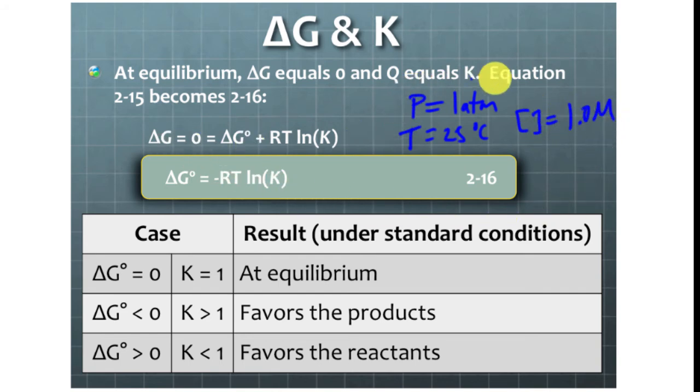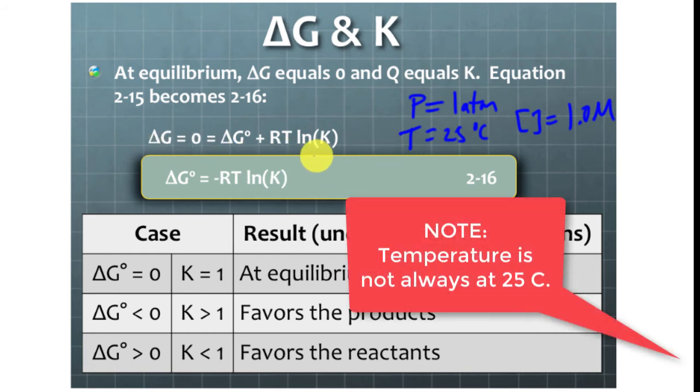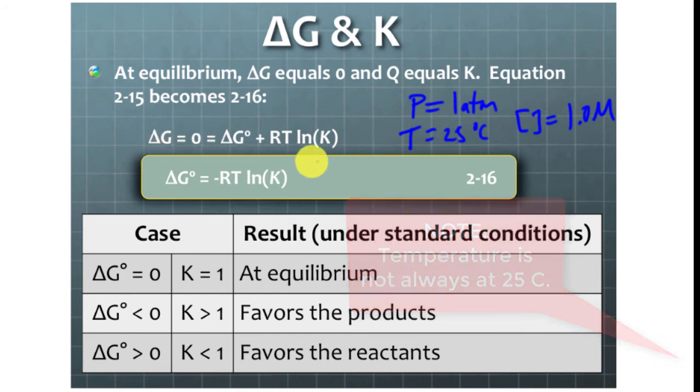That's the definition of standard conditions. So this term drops out because it's 0, and we end up with K in our equation for free energy. Now we can connect free energy and K together.